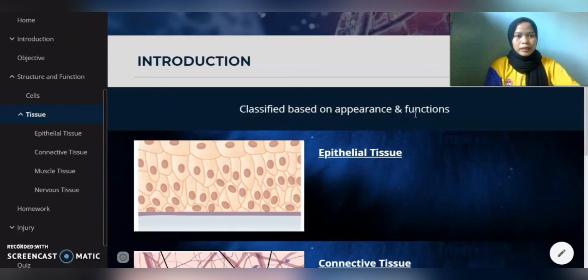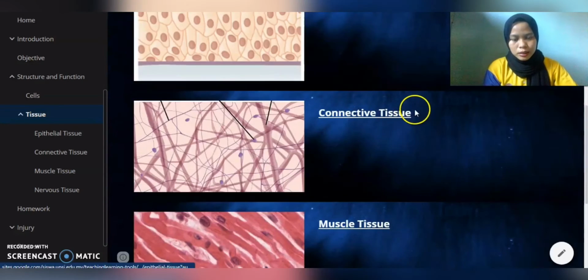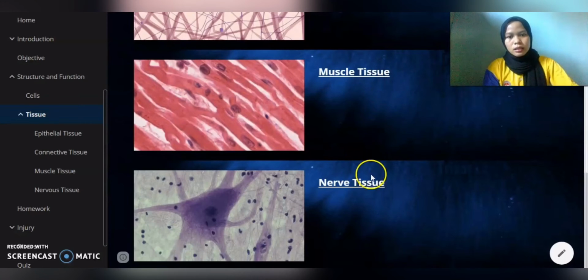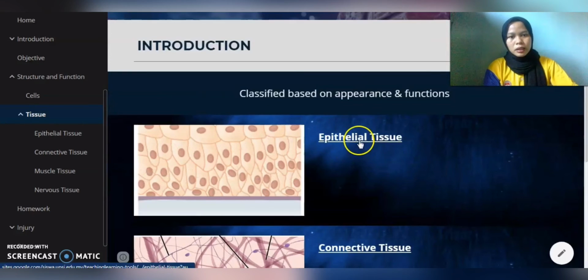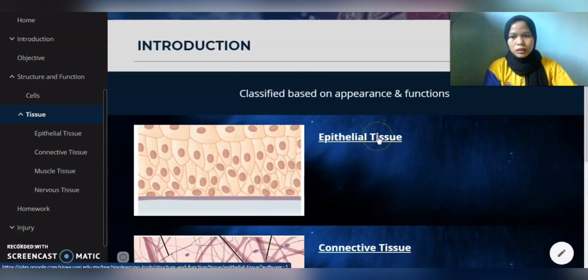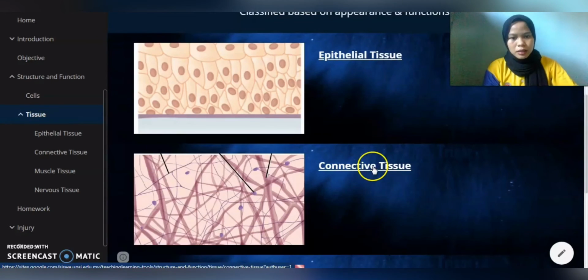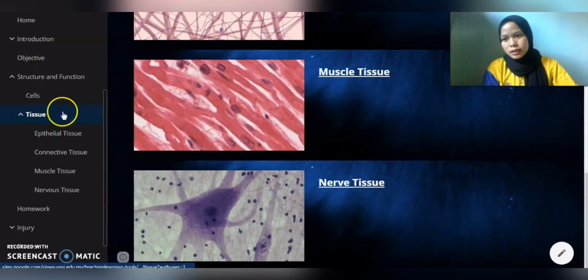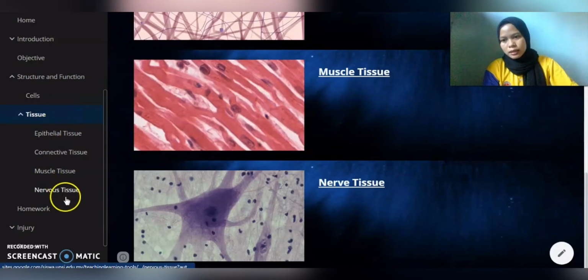So there are 4 types of tissues. The first is epithelial tissue, second connective tissue, then muscle tissue, and nerve tissue. You can click here to know about the epithelial tissue, its structure and function. Click on the words here, or you can just click at the shortcuts.